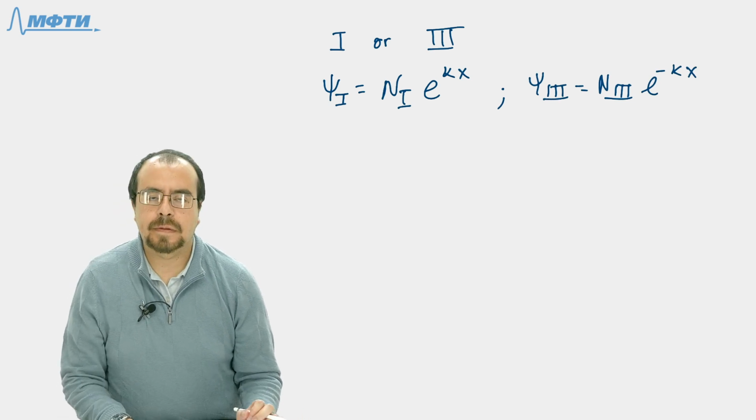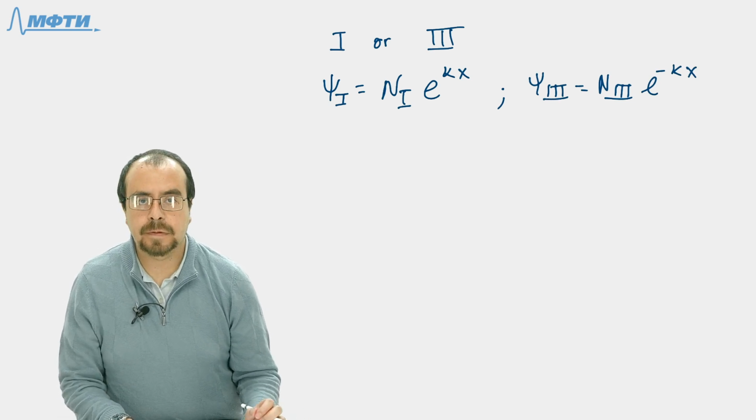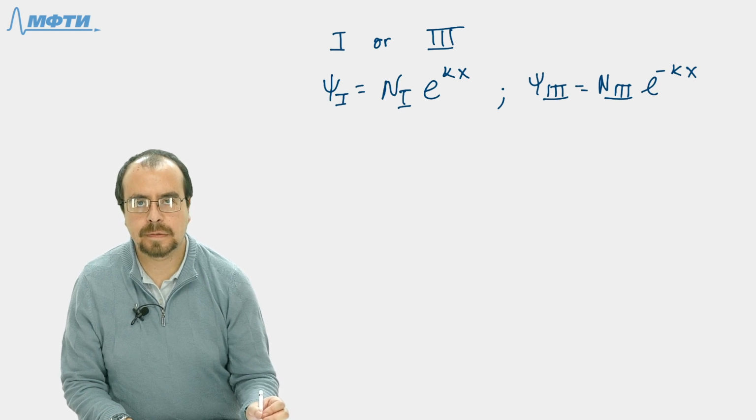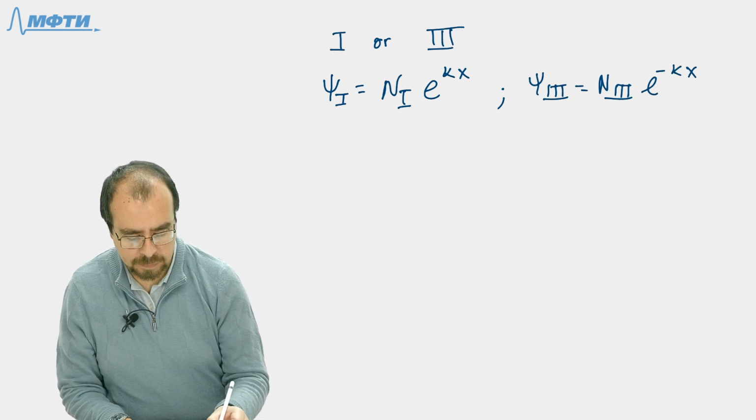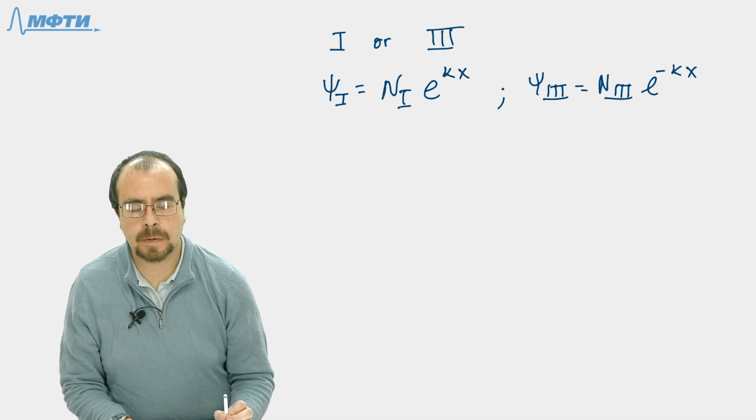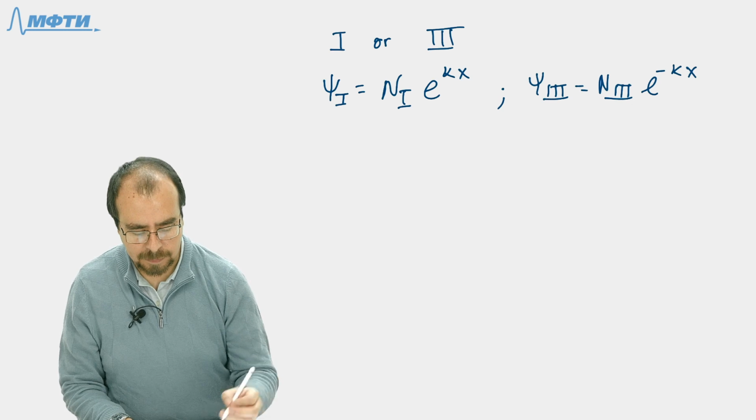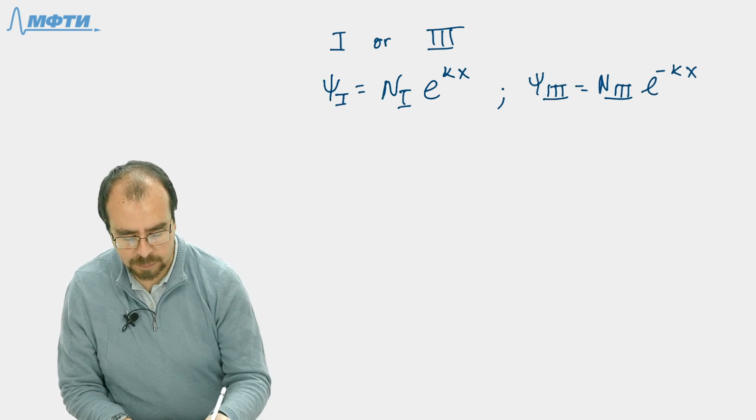We discussed in the previous class that these functions, e to the minus kx and e to the kx, satisfy the conditions for the wave function to be integrable. Well, not the wave function, but the probability.